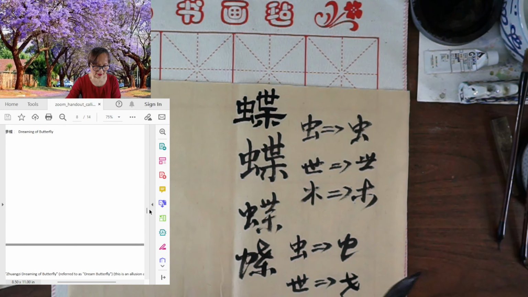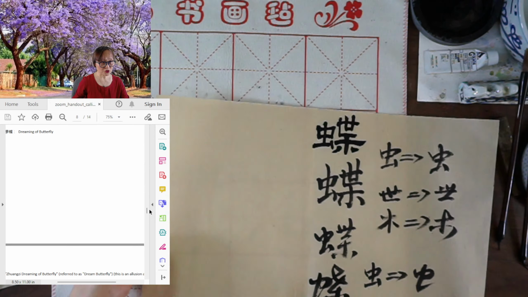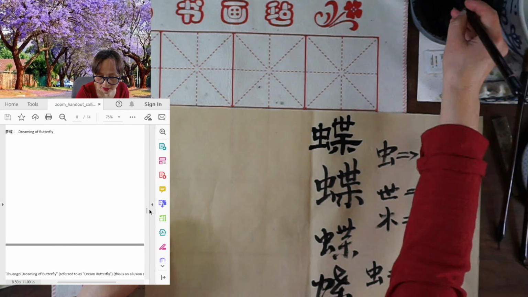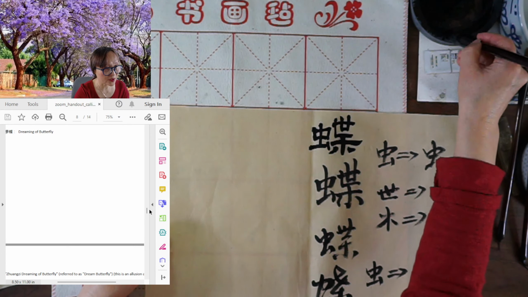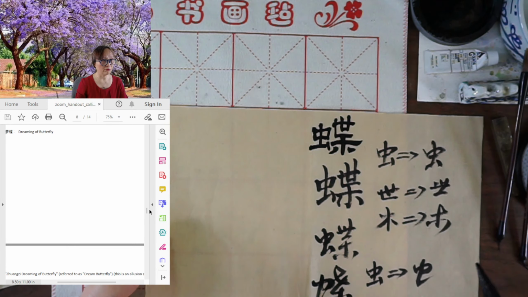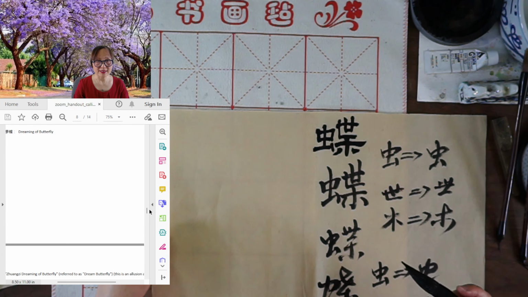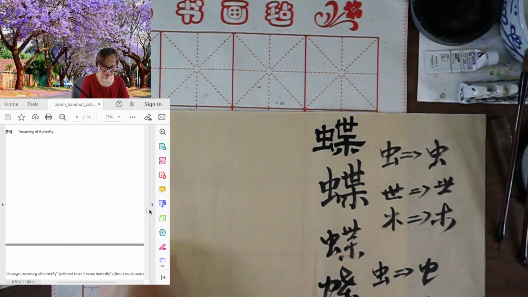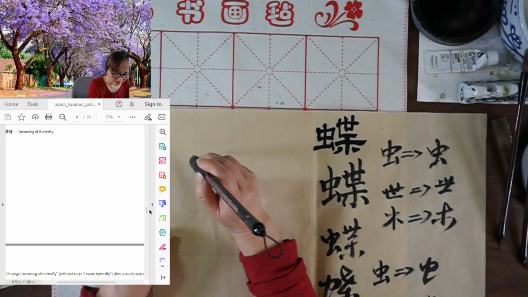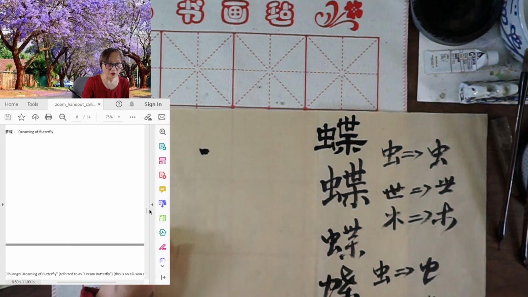Okay, and for the rest of the time, I promised I want to explain something more about the tiger-eared character we learned last time, especially in the cursive style. The standard is with the roof, right?